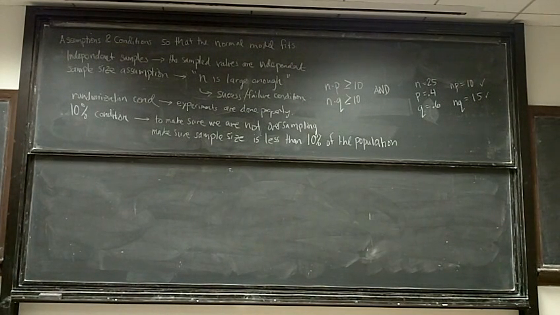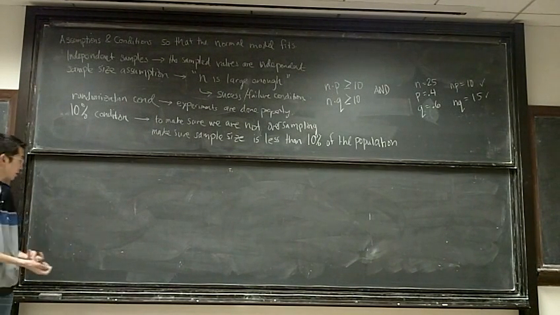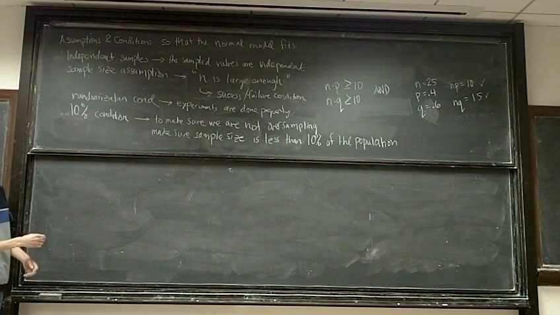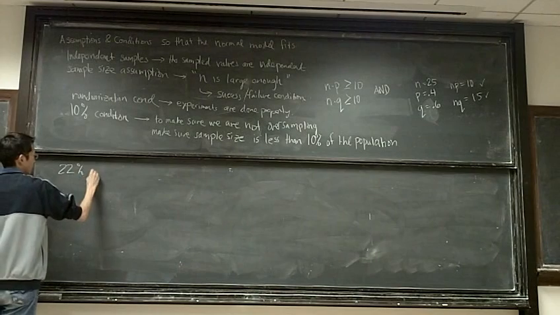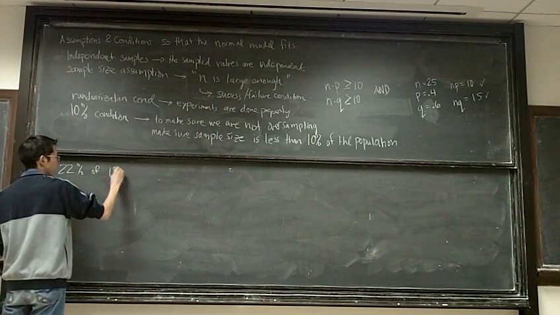The CDC, the Center for Disease Control, says that 22% of 18-year-old women in the United States have a body mass index of 25 or more, and that's apparently associated with increased health risk.